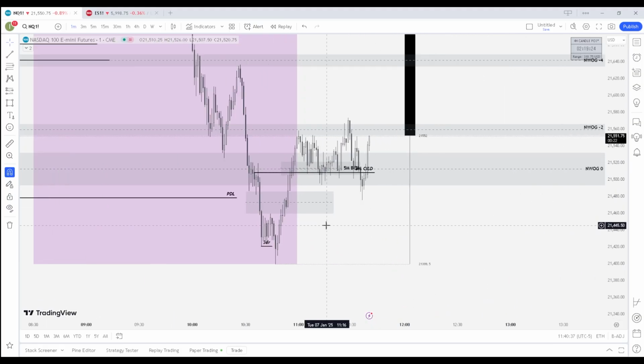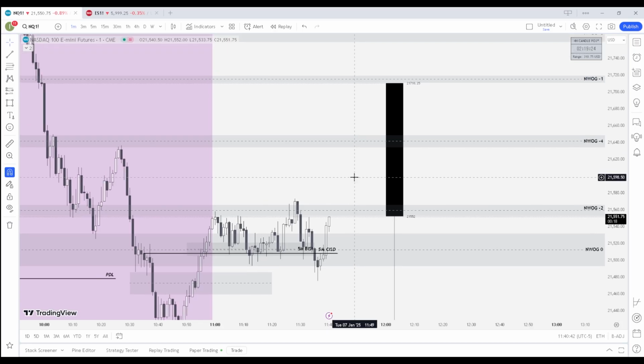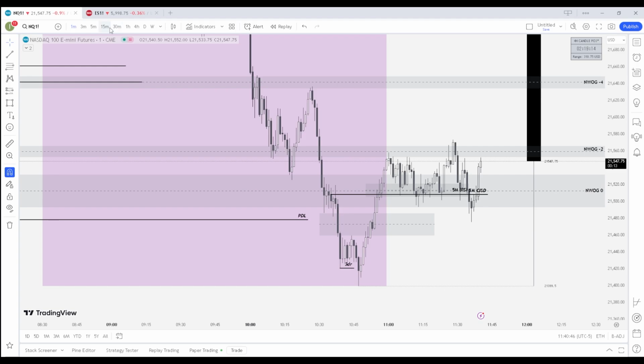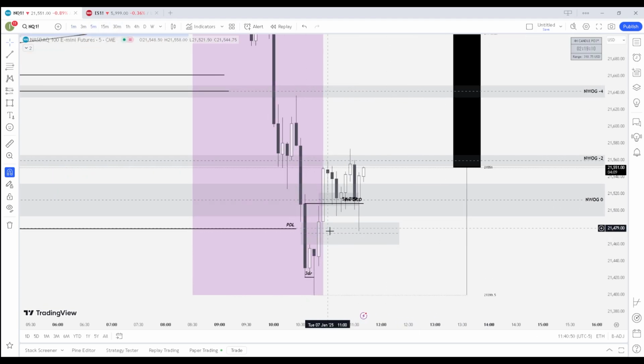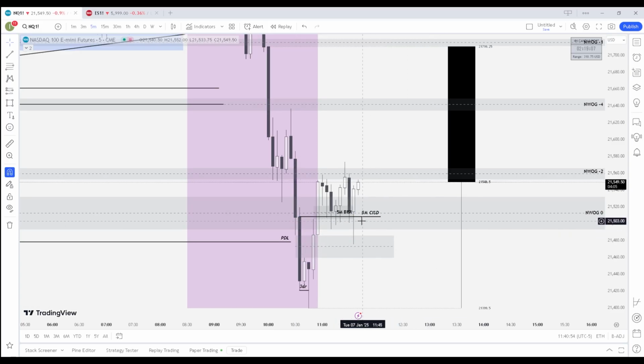So now what we can look for is some sort of reversal higher, right? And right now I'm looking at this here. We have this BPR, and then we have this CISD, and then we have this BISI right here. So that's kind of what I'm looking at right now that could support prices higher.